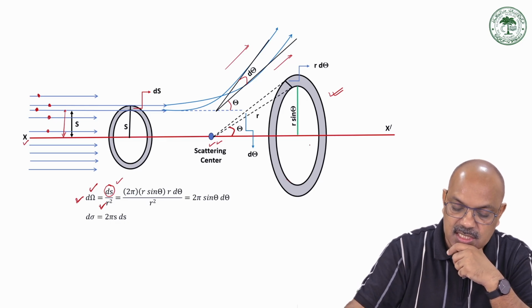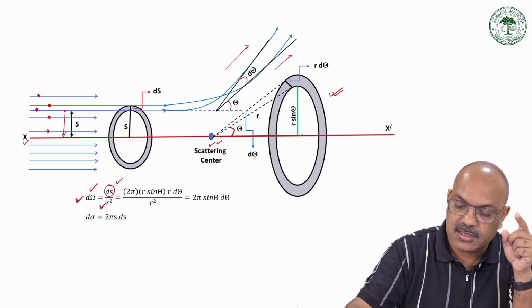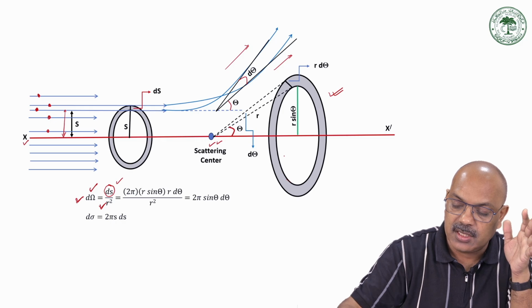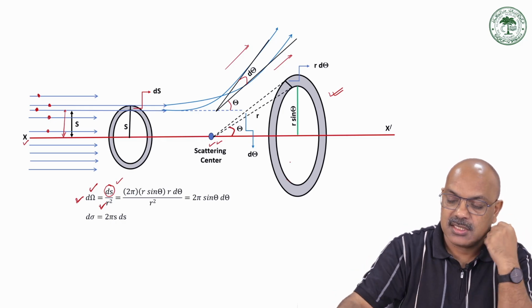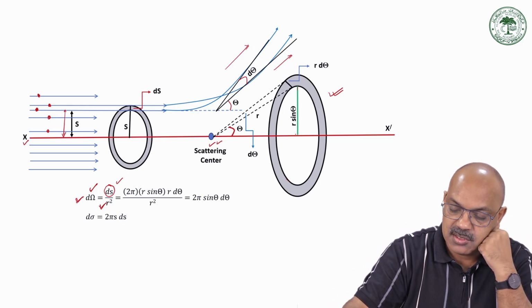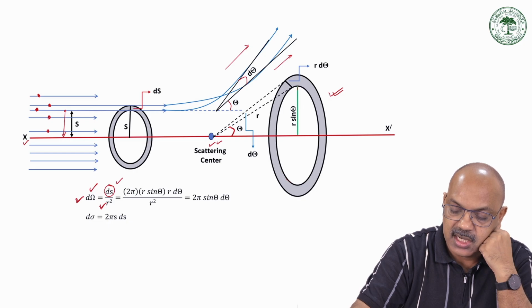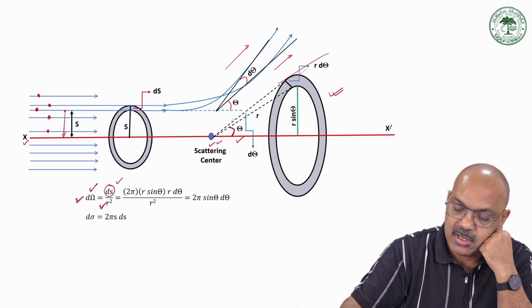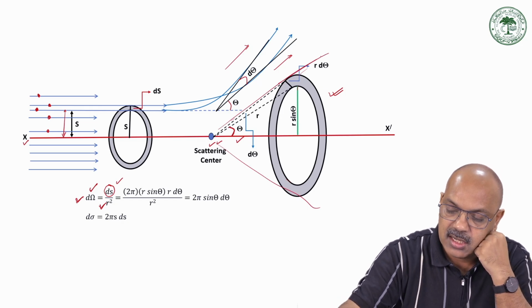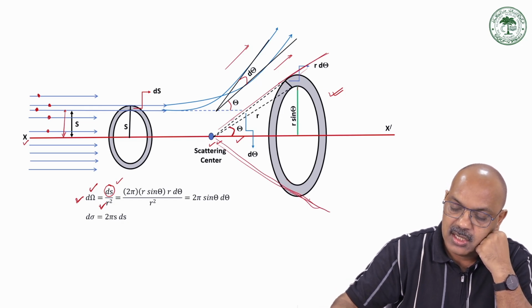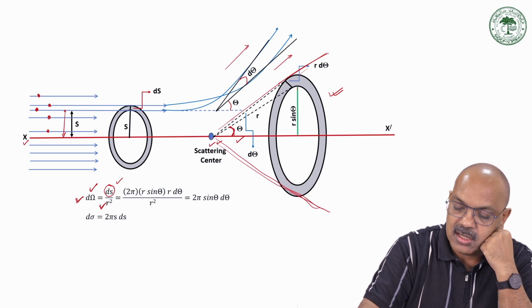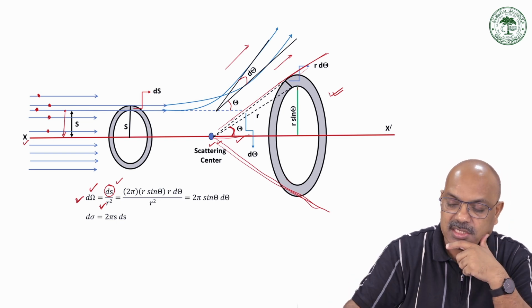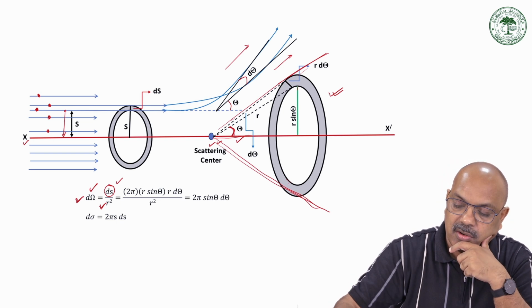So this ds is, if you cut this, r is the distance. This is my scattering angle theta, because a particle is coming and deflecting around the solid angle. This is my angle theta, the deflection from the incident direction, and then it goes around this solid angle.